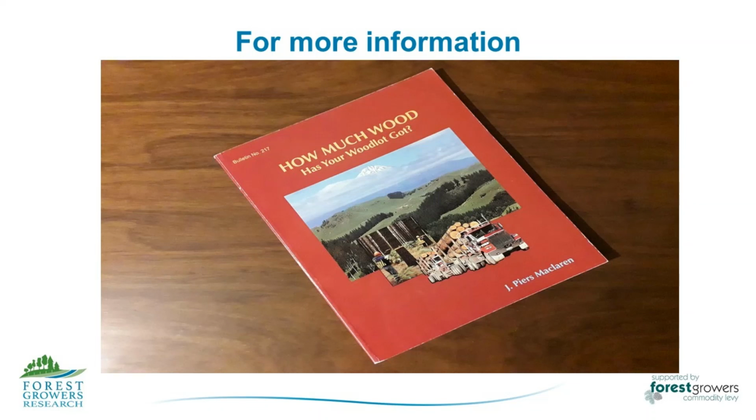If you would like more information on measuring woodlots, this can be found in Bulletin 217, How Much Wood Has Your Woodlot Got?, which was published by the New Zealand Forest Research Institute.